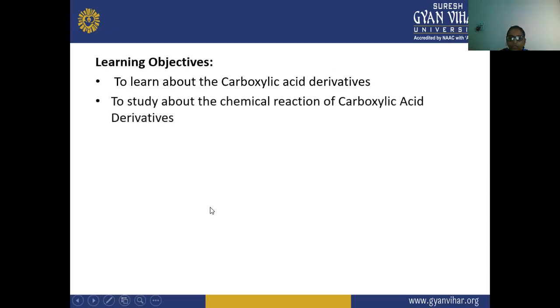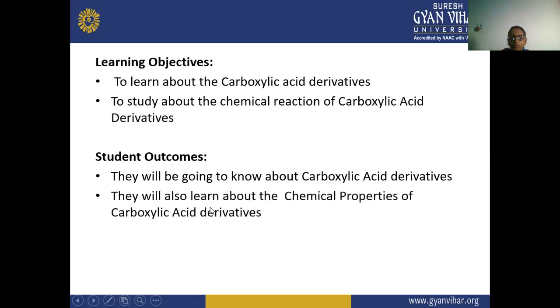So the learning objective of this topic is that here we are going to learn about the carboxylic acid derivatives. Also, we are going to study the chemical reactions of carboxylic acid. We have already discussed the chemical reaction of acid chloride, so today we are going to discuss the chemical reactions of your esters, your acid anhydrides, and the amides.